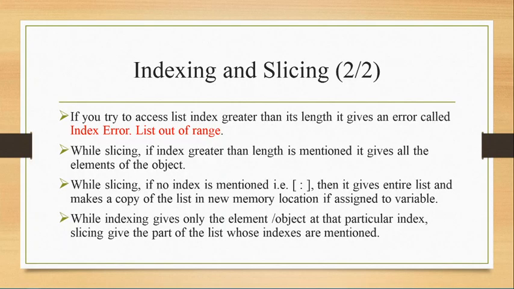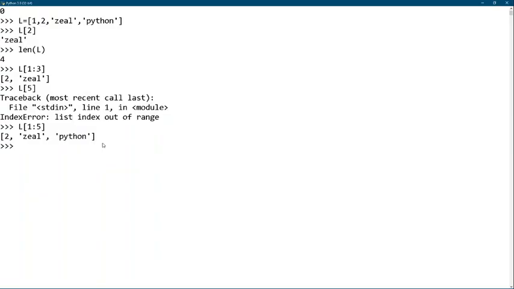While slicing, if no index is mentioned, then it gives the entire list and makes a copy of the list in a new memory location if it is assigned to a variable. What does this mean? If I write L and I do not mention any index, it gives me the entire list.